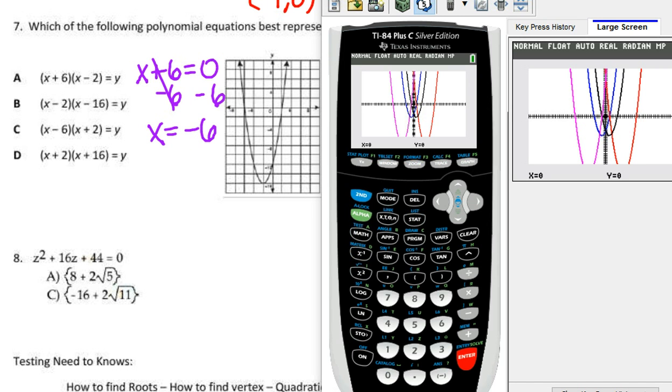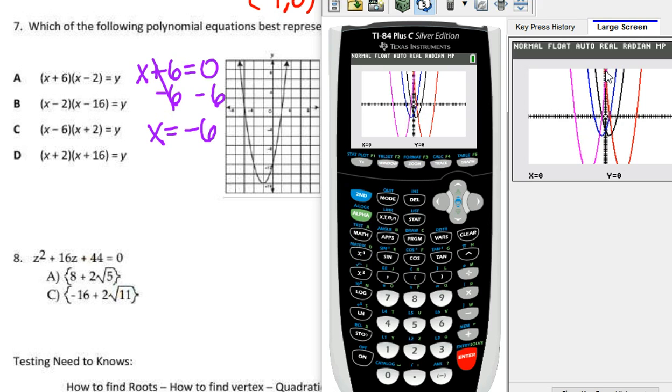All right, so I went ahead and chunked each of those guys into my calculator and then let them graph all 4 of them at one time. So I know this screen looks a little crazy right now, but if you can look closely, this first blue one in here, the blue parabola, that's our first equation. Then we have the red, which is our second equation, black is our third equation, and then purple is the fourth equation.